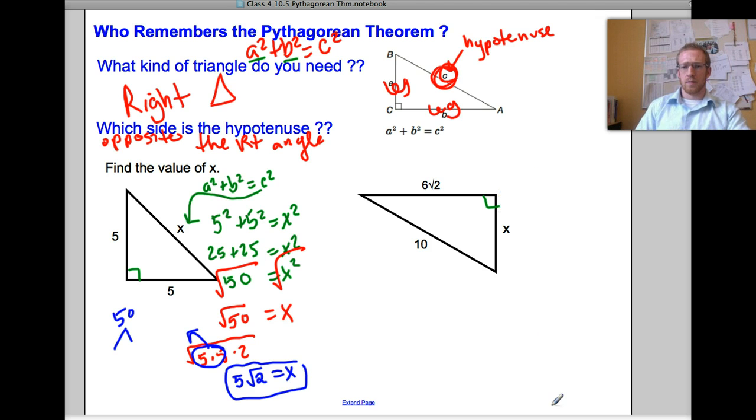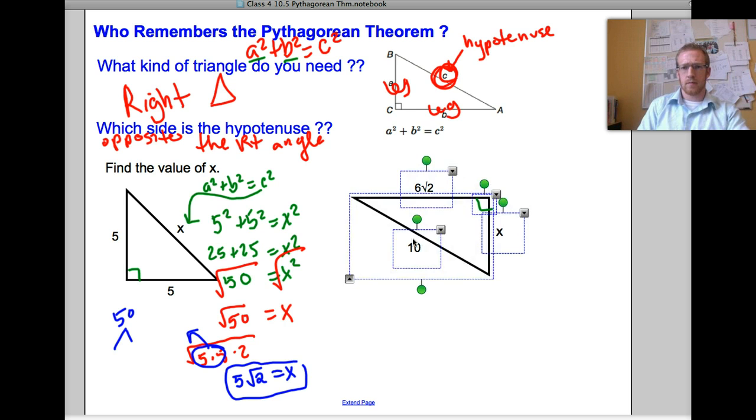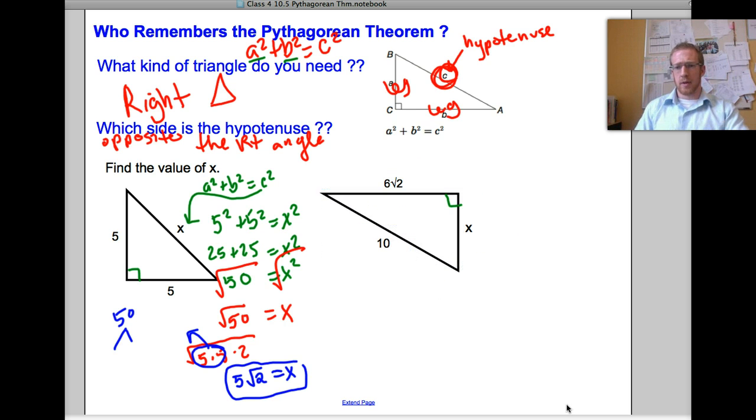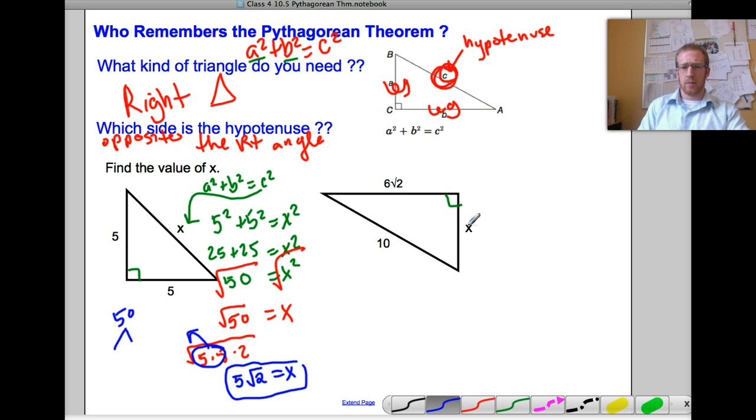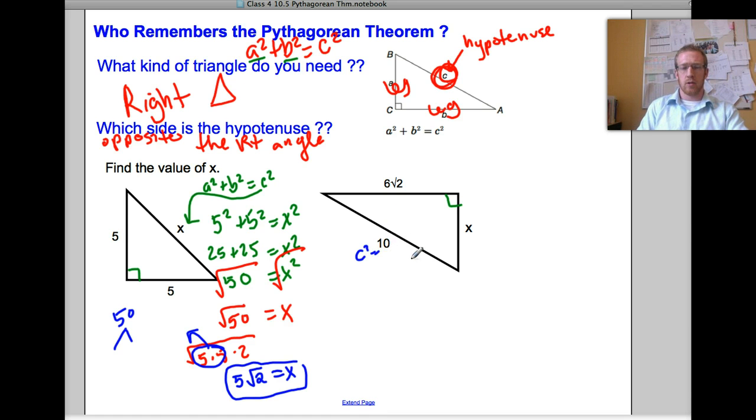Alright, so now our variable is one of the legs. So number 10 is our c. That's our hypotenuse. So if I'm doing a squared plus b squared equals c squared, then I'll call this a, and I'll call this b.